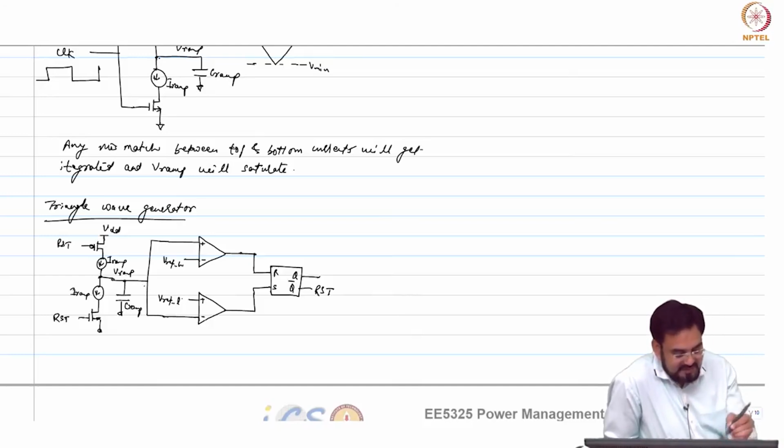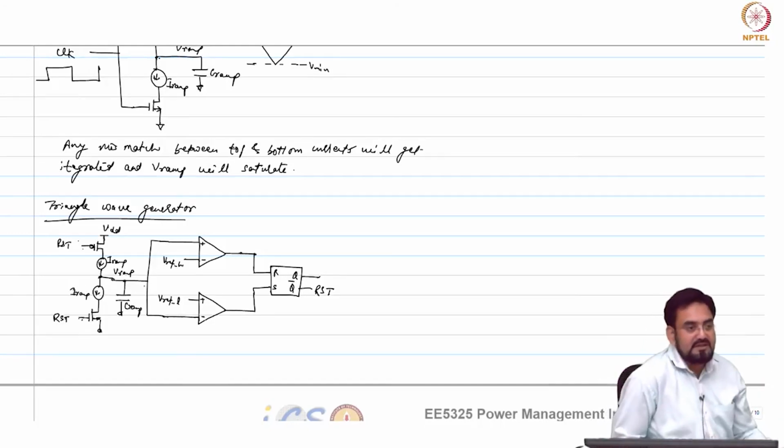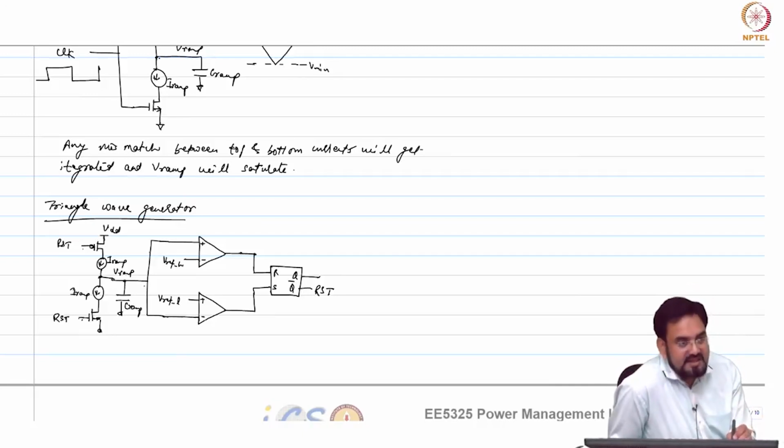Now let us say if discharging and it goes below this VREFL, what will happen? This will go high. Okay, this goes high, this will set. So reset will go low. So reset goes high means this NMOS is on; reset goes low, NMOS will turn off and PMOS will turn on. Okay, now it will start charging again.